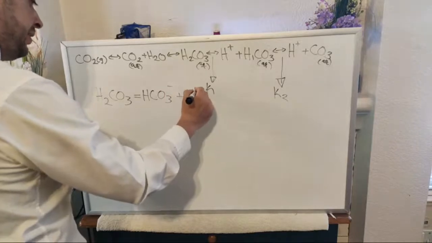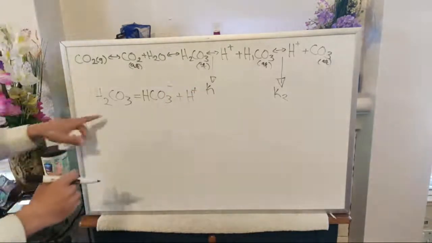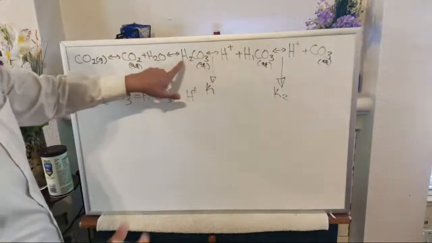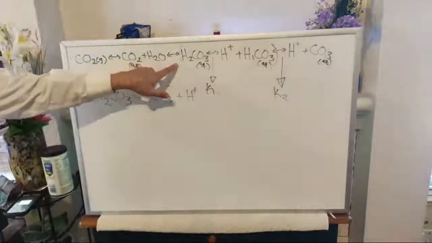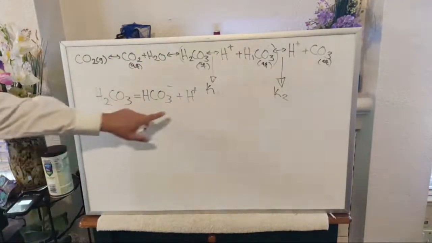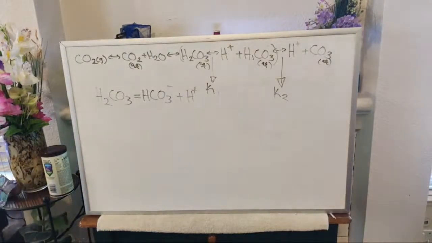I mean, plus just hydrogen. Alright? You see that, guys? So this is the first equation, which is basically right here. That's all I did, right? So to find a K value, it's basically a number that's already given. I'm trying to find what the K value is.